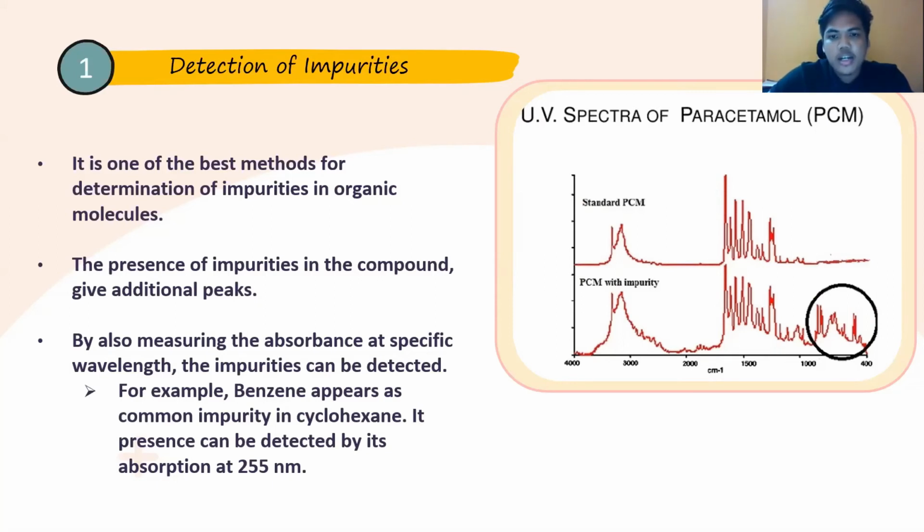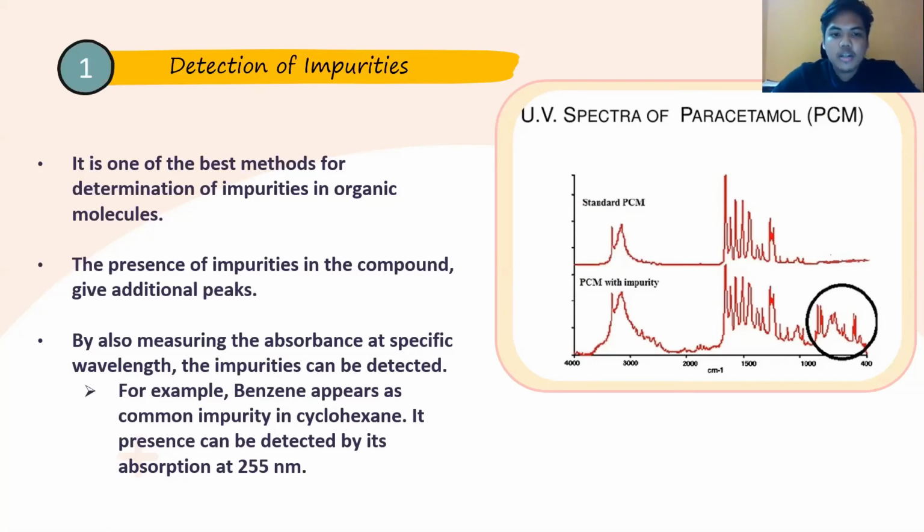At the top, standard PCM, pure PCM, and at the bottom, PCM with impurity. Comparing the two spectra, you can see the difference between them. As you can see right now, the black circle has additional peaks. So we can determine that the bottom spectrum has impurities in the compound.